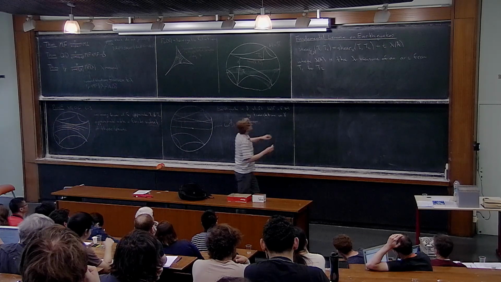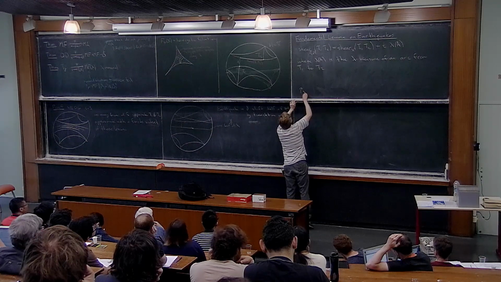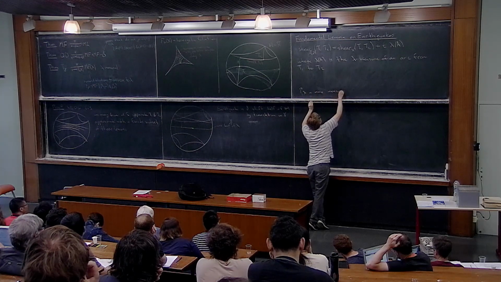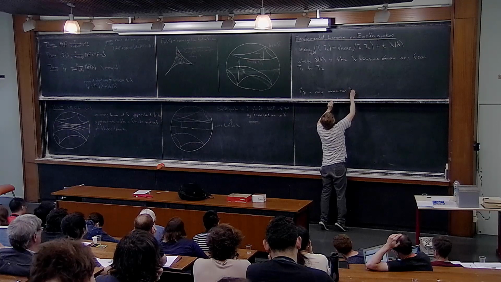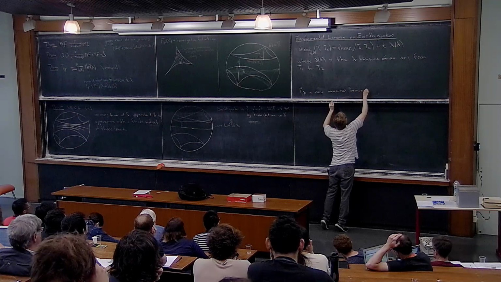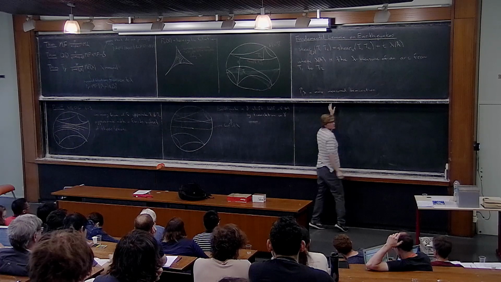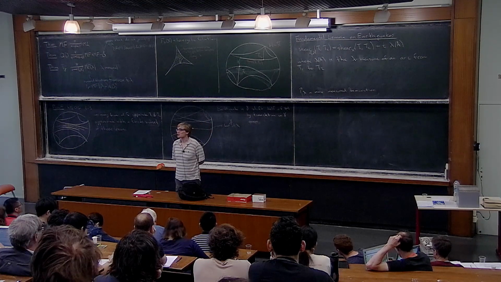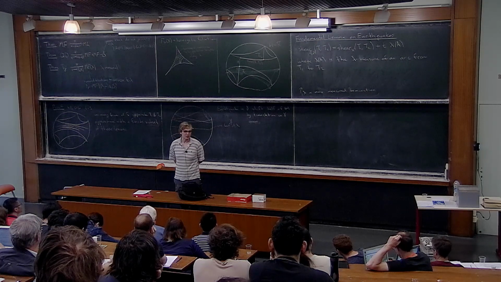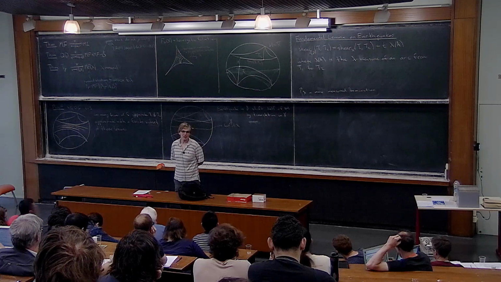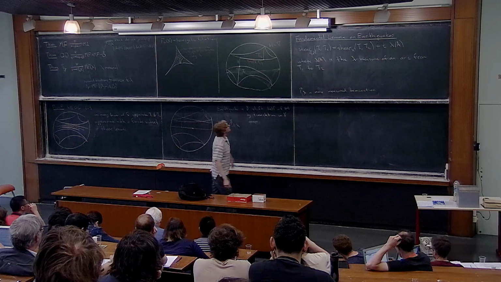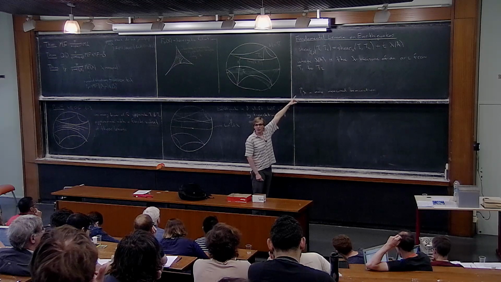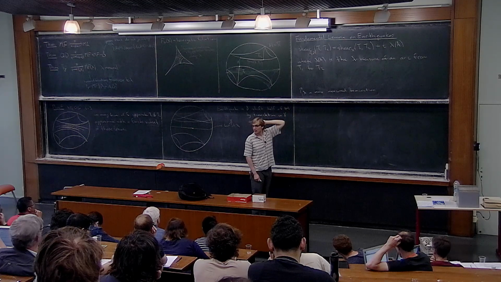So here lambda is a maximal measured lamination. I just said that it doesn't need to have a measure. You don't need a measure to define f lambda, but you do need a measure to define an earthquake. Oh, okay, thank you. So for this to make sense, the shear is defined in terms of f lambda, so I need lambda to be maximal. Earthquake uses a measure, so I need lambda to have a measure.